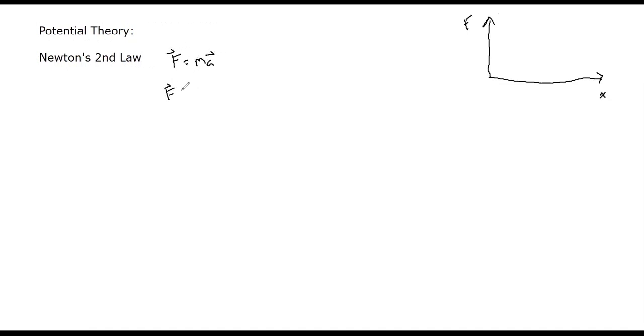So this is F, and this is the second derivative of position, and we'll just keep it to X. And for now, at least, get rid of that hat. So we're just in 1D. And F can point in the positive or negative X direction. So calling it a vector is a bit superfluous, even though it is a vector.